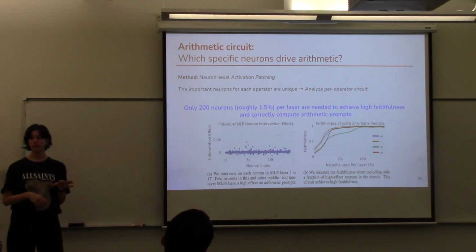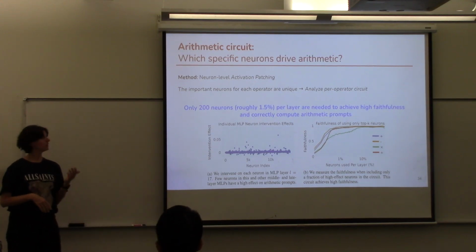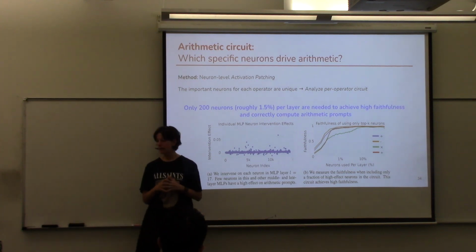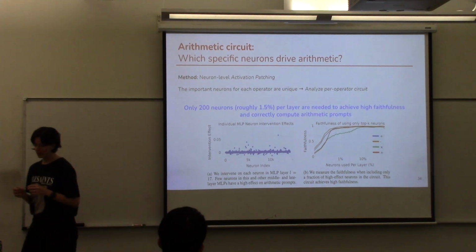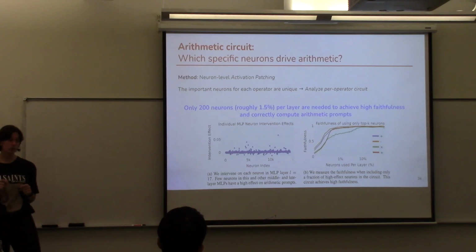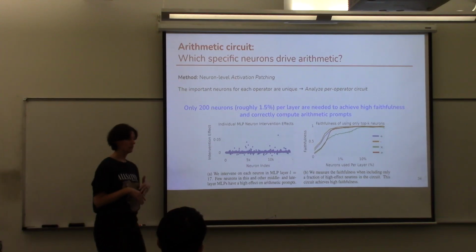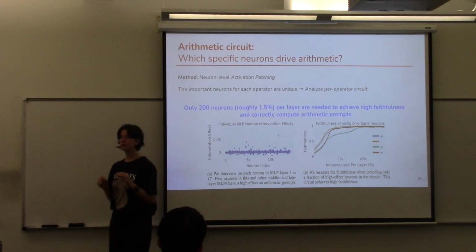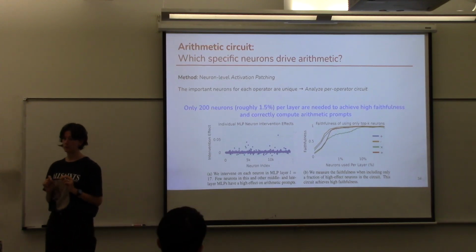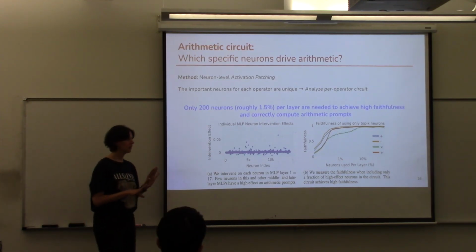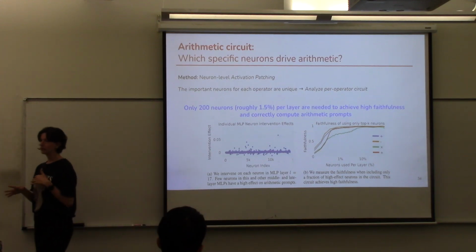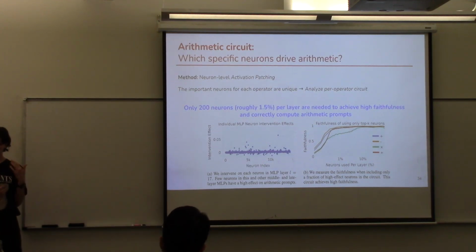So they do the same thing we have done with the full component, but with neurons, and one thing they found is that we have different operators, plus, minus, divide, multiply, and for different operators, different neurons activate. So we have neurons specializing for the operator. They were doing analysis per operator, right?